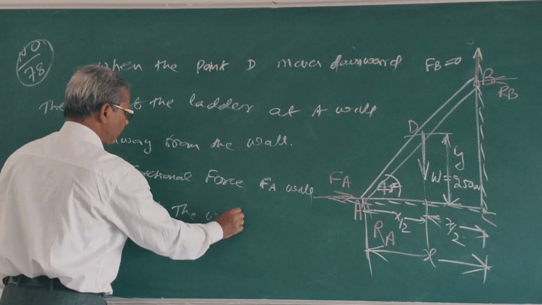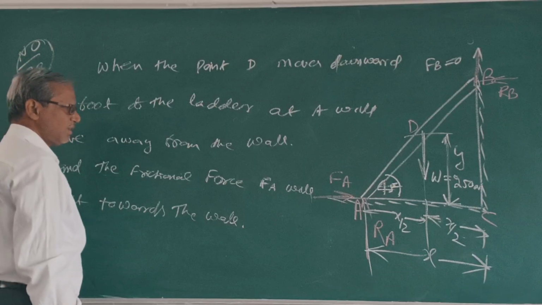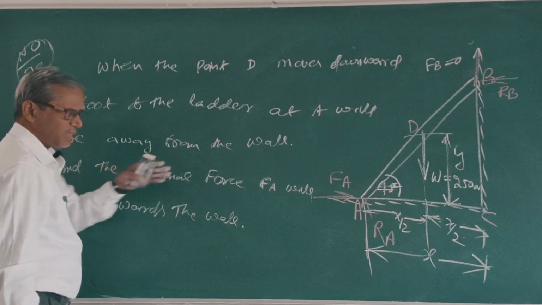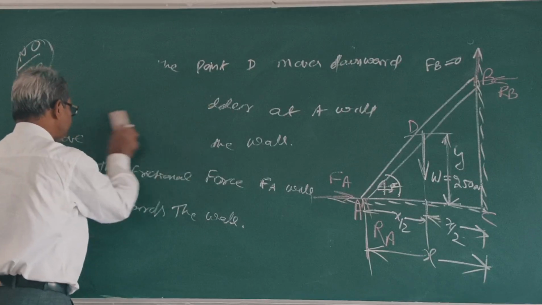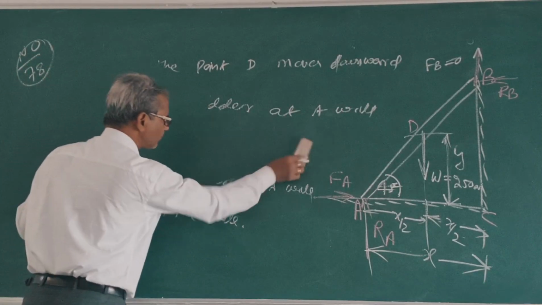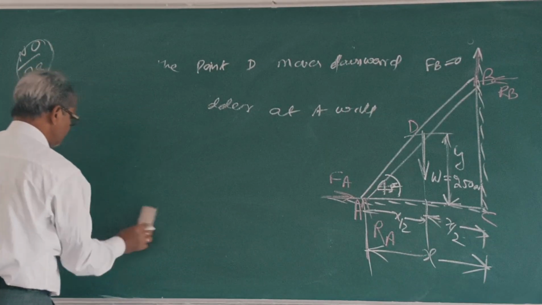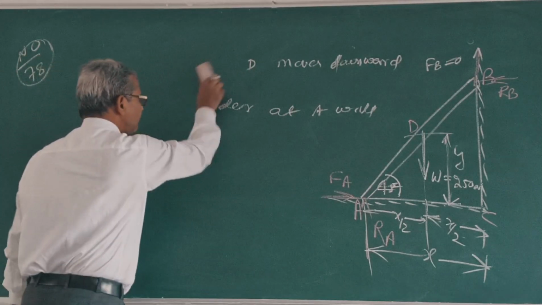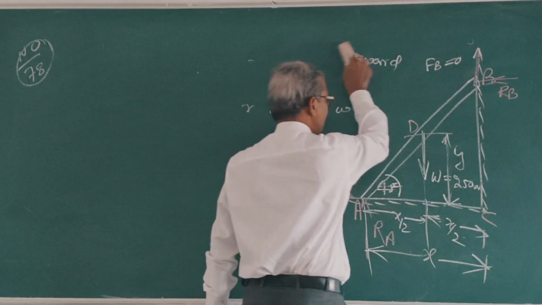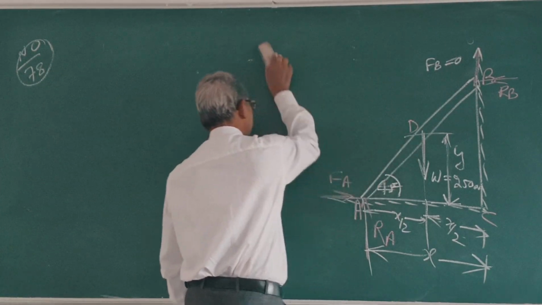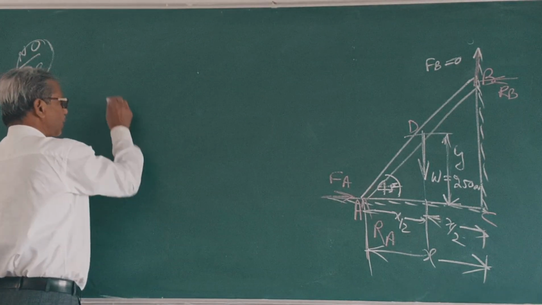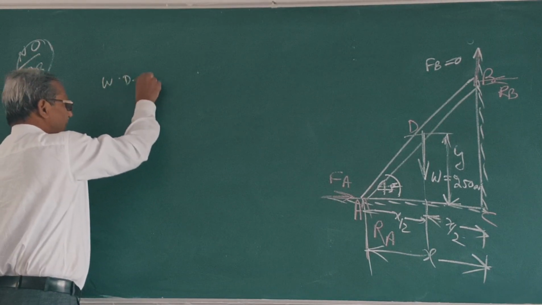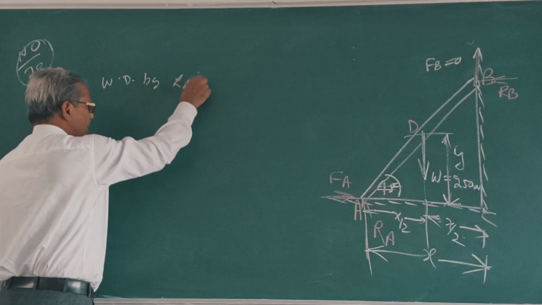Clear? Let us move this side, friction acts to that side. Now, work done by RA is 0. Clear?